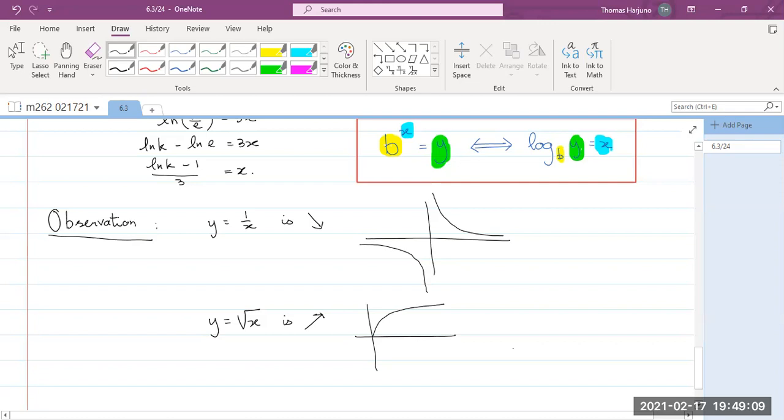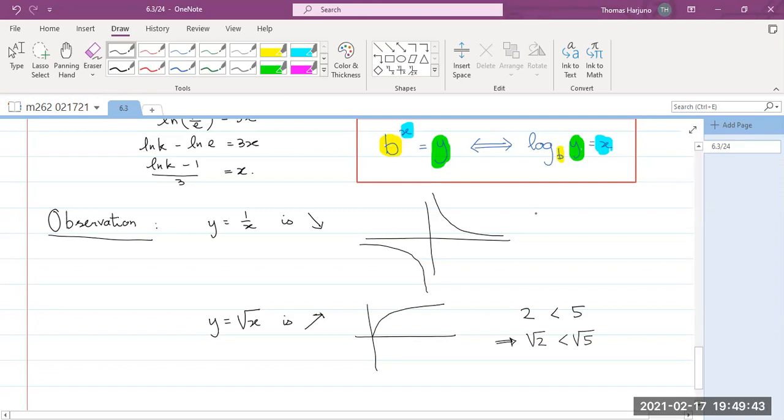Now, what I want to show you is the following. If the function or the operation is increasing, then the inequality will be maintained if you use that operation. For example, we know that 2 is less than 5, right? Consequently, because square root is an increasing function, square root of 2 for sure is less than square root of 5.